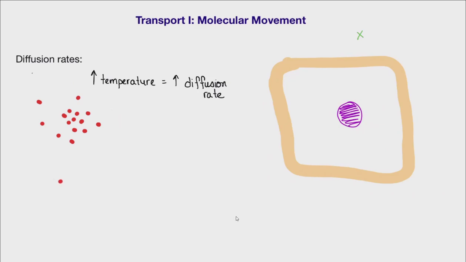So if the temperature is the same, and I have two molecules, a small one and a big one, the small one might move this fast, and the big one is going to lumber around, kind of move really slowly relative to the small one. So the smaller the molecule, the faster it moves, and therefore the faster we reach diffusion equilibrium.